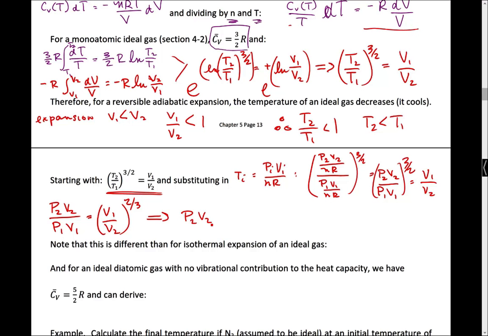So it's going to be P2 V2 to the 5/3, and that's equal to P1 V1 to the 5/3. And that's the constant. So for a monoatomic ideal gas undergoing adiabatic expansion, this gives me the function that describes that curve. That's clearly different than the isothermal expansion, which was PV equals a constant.